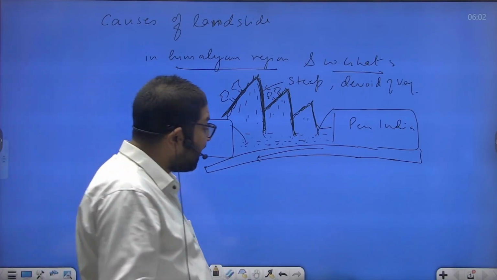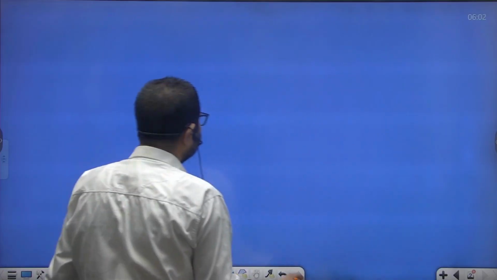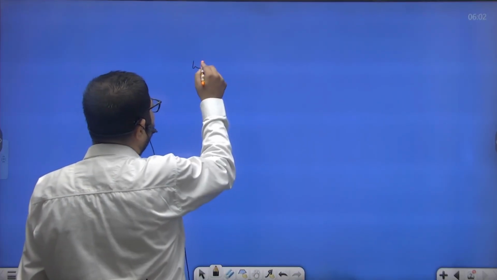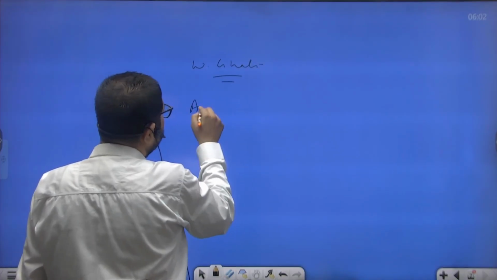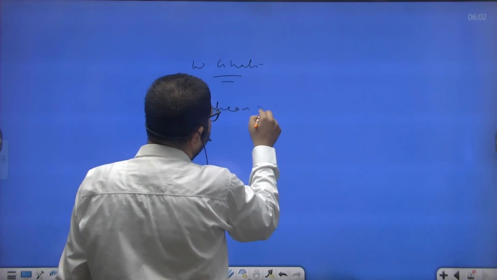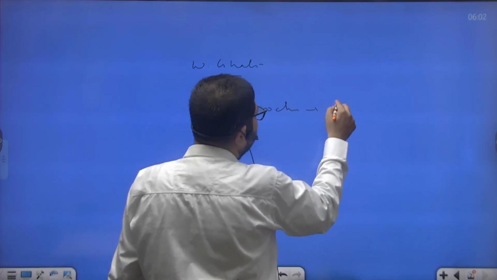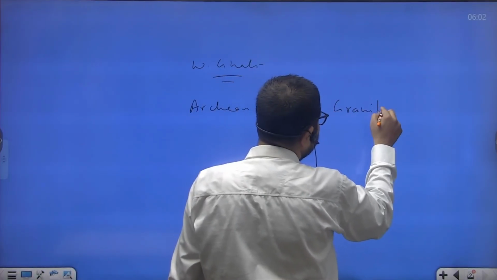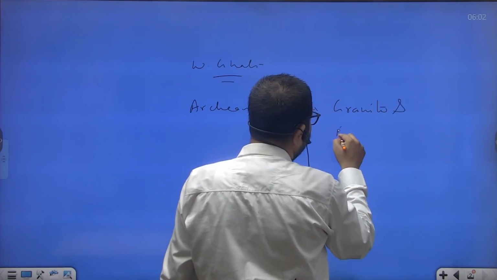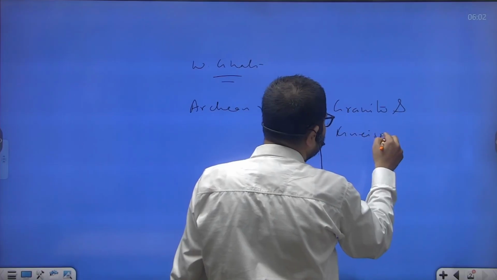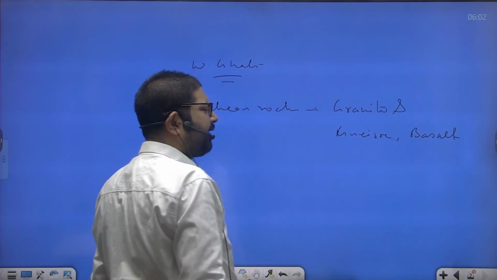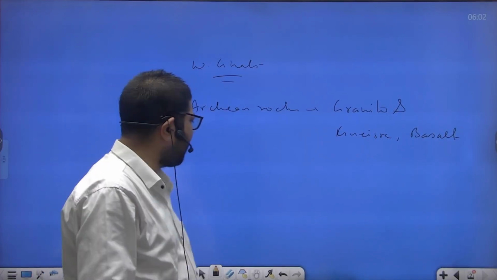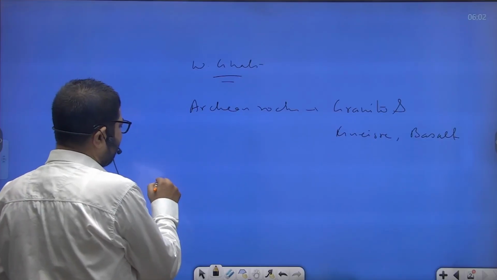Now if you talk about the Western Ghats, Western Ghats are made up of hard Archean rocks like granite and gneiss or basalt. Hard Archean rocks. Western Ghats, basically the side view of the Western Ghats is like this.